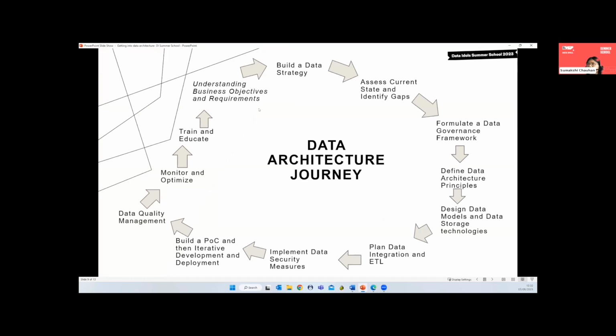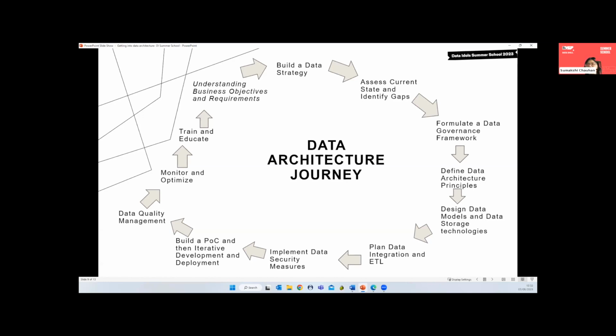It starts with understanding the business objectives and requirements, which is thoroughly understanding the organization's business goals, objectives, and data related needs, and then collaborating with business stakeholders to identify the data requirements, what are the desired outcomes from that particular architecture, answering questions of what are the long-term goals and the short-term goals that the business wants out of that data architecture.